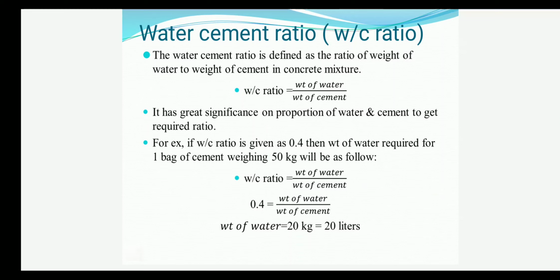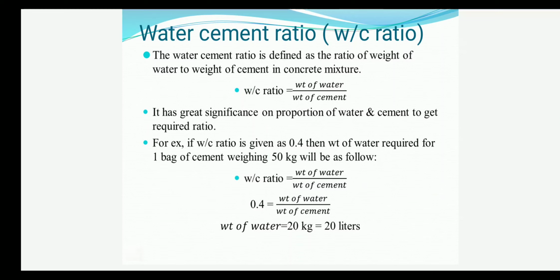In simple language, the water cement ratio helps us to decide the proportion of water and cement in the concrete. For example, if the water cement ratio is given as 0.4, then the weight of water required for one bag of cement, which generally weighs 50 kg, will be calculated as follows.